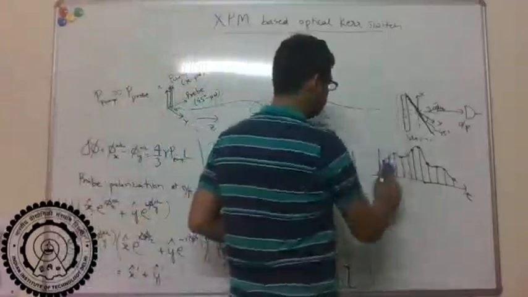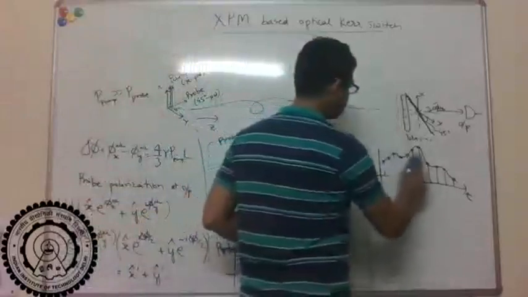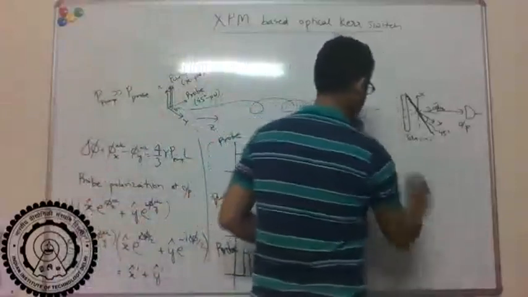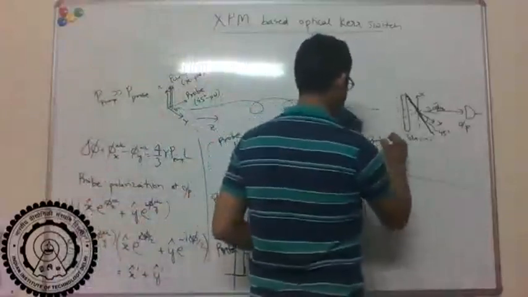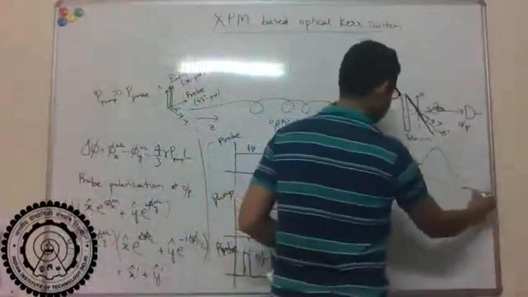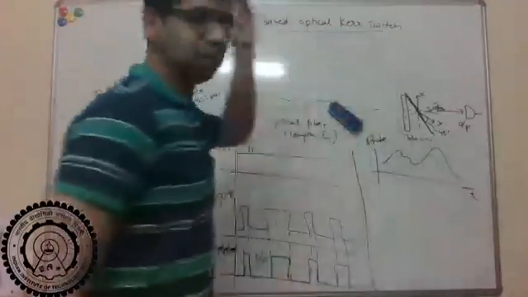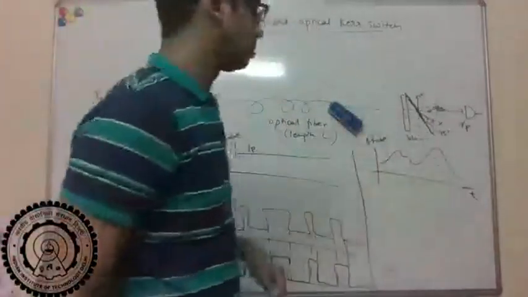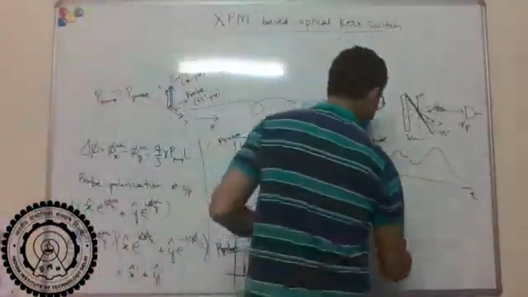So imagine you have a probe which has some continuous waveform like this. Let's say the probe intensity is something like this. It could be some signal from some science experiment, something we want to measure.